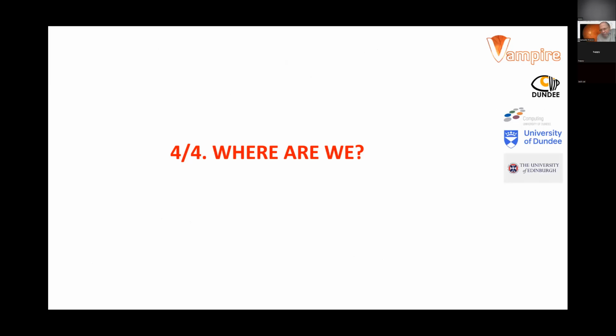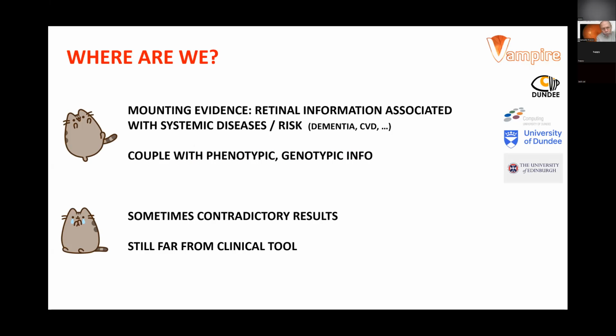Okay, so let me conclude briefly, because I think there are 2 minutes left in my slot, with a very, very quick comment on where we are in terms of retinal prediction of risk for systemic diseases. Can we do it? Can we not? And so on. So there is good news and bad news represented here by some Japanese cat emoticon.